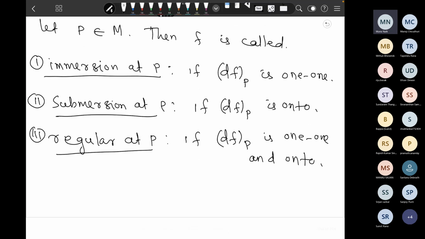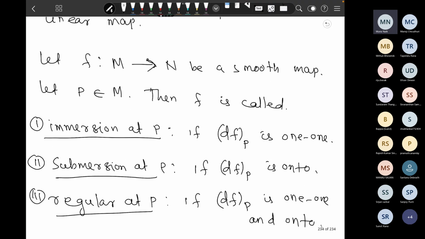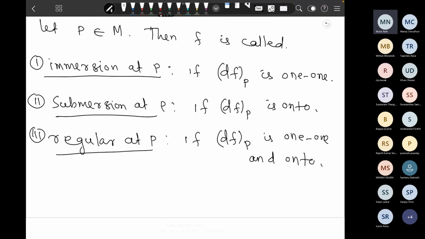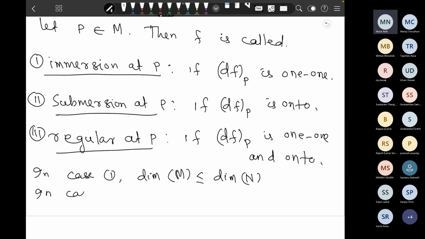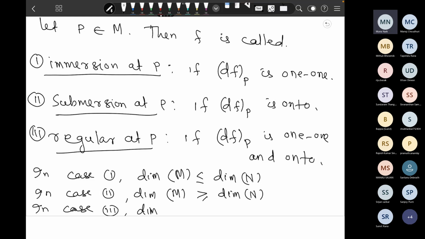In the first case, immersion at P, the dimension of M has to be necessarily smaller than the dimension of N. So in case 1, the dimension of M is less than or equal to the dimension of N. In case 2, the dimension of M is greater than the dimension of N. And in case 3, the dimension of M is equal to the dimension of N.